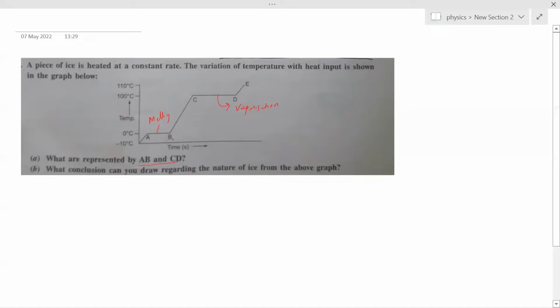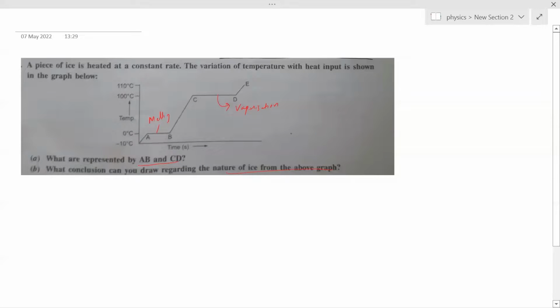Ice has high latent heat of fusion. What conclusion can you draw regarding the nature of ice from the above graph? It melts at a longer rate.